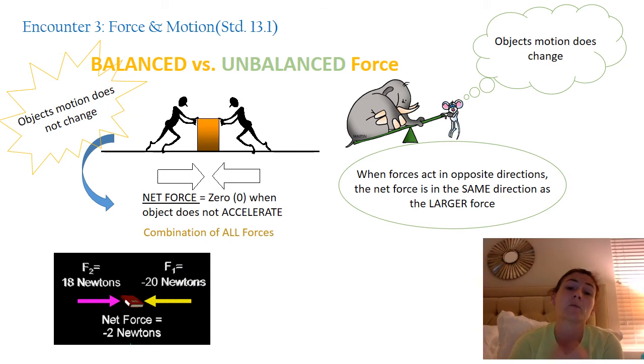An unbalanced force is whenever an object's motion does change. So our poor little mouse is hanging on for dear life as the elephant sits on our teeter-totter. When forces act in opposite directions, the net force is in the same direction as the larger force. So going back to F1 versus F2, that's why the direction was to the left. 2 newtons to the left. Or you could report it as a negative, and teachers could understand that.